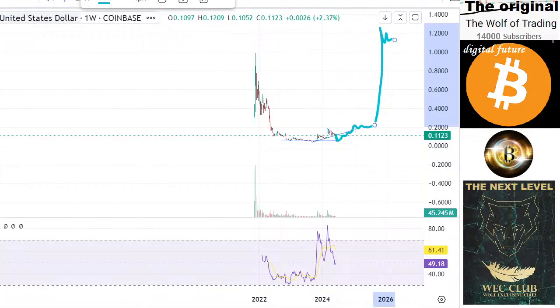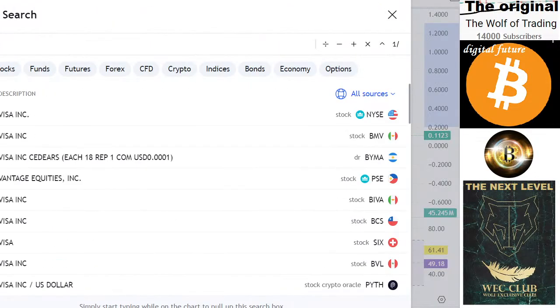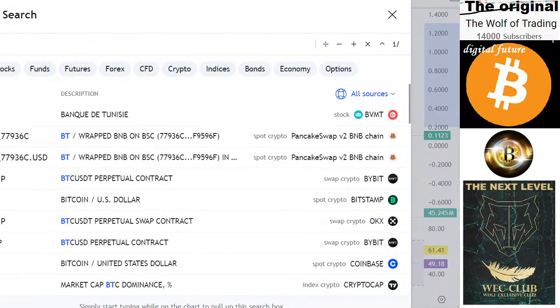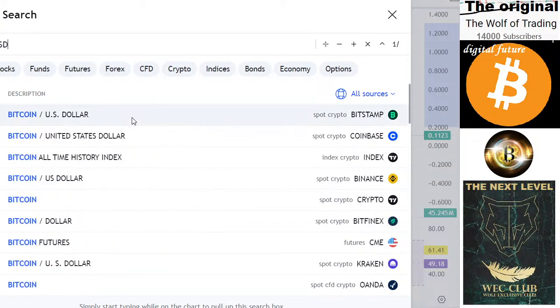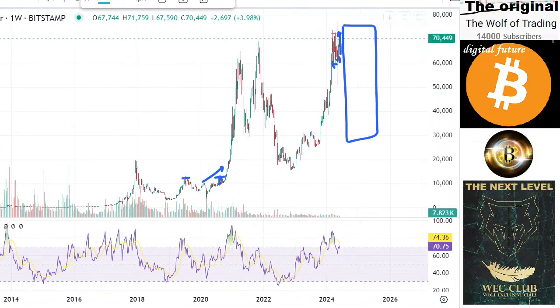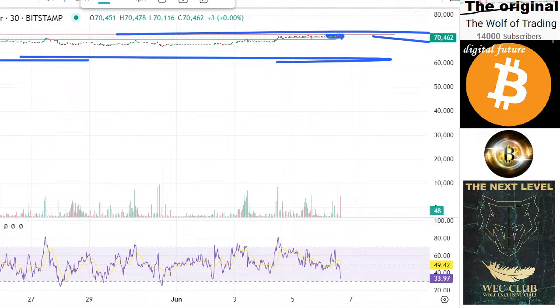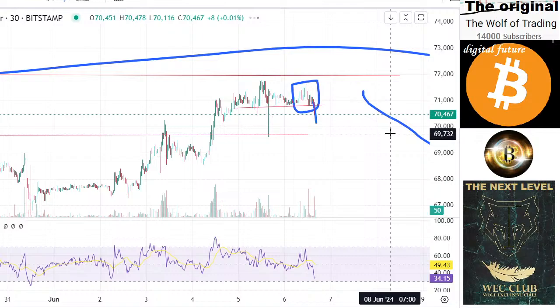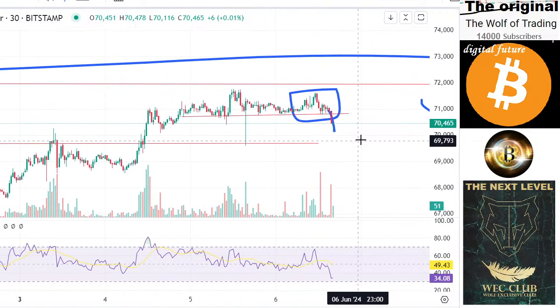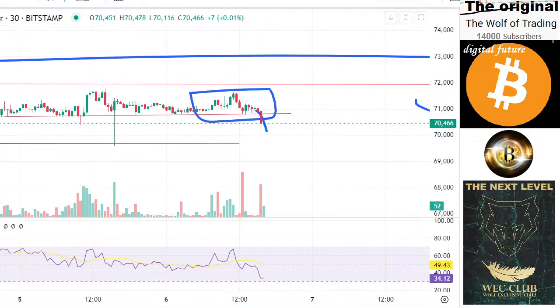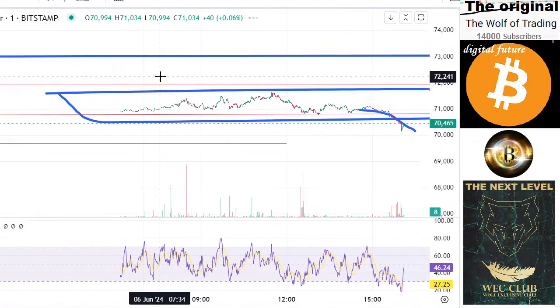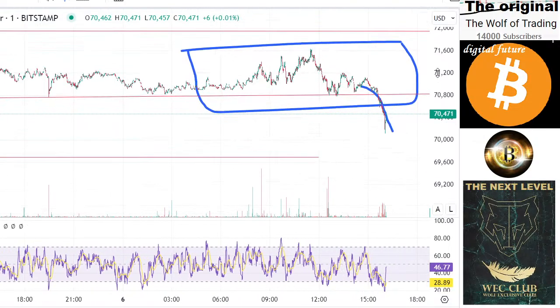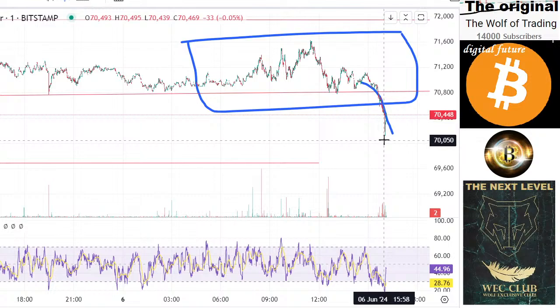Let's look here at the Bitcoin price, the last check before we close. What do we have here? Look what happens. Do you see this?